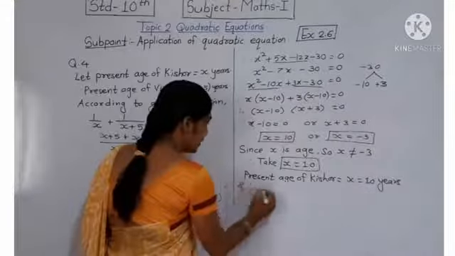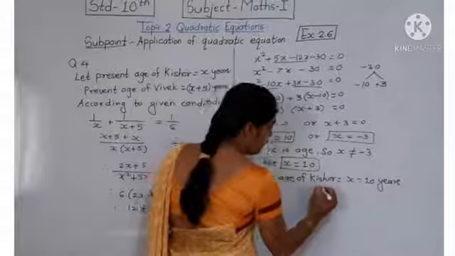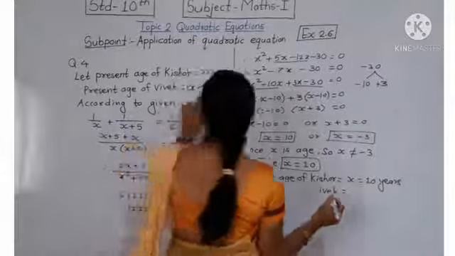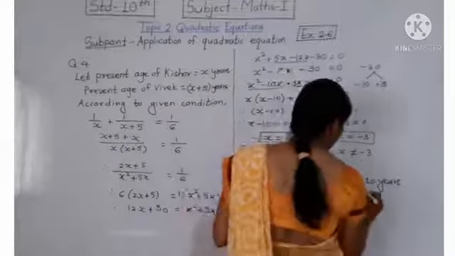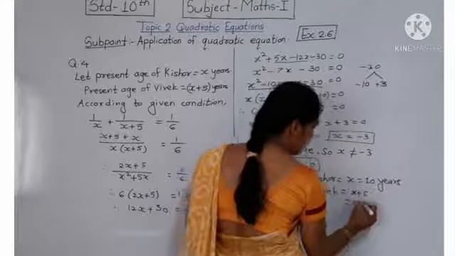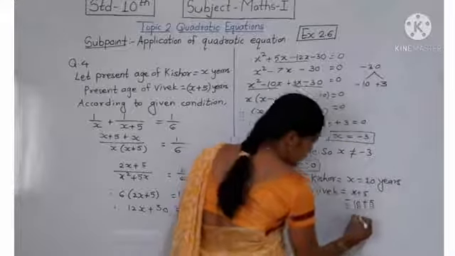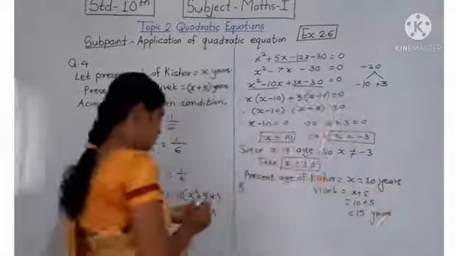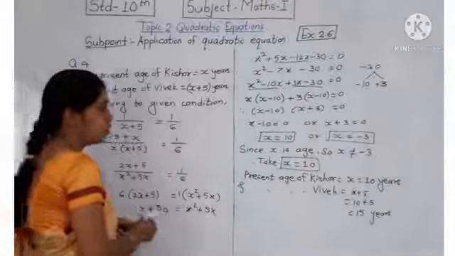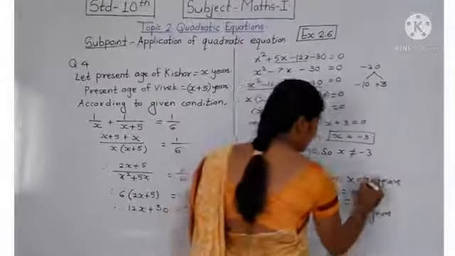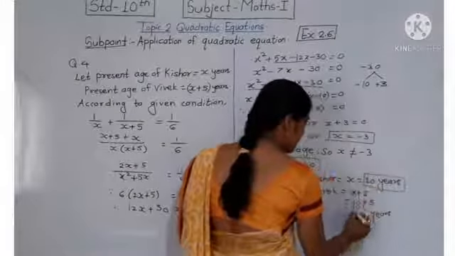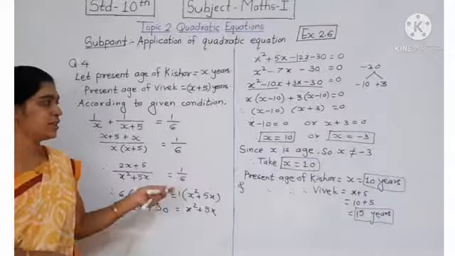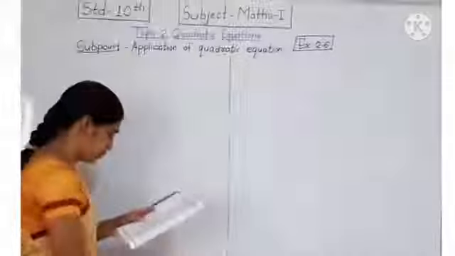And the present age of Vivek is x plus 5, which is equal to 10 plus 5, which is 50 years. So the present age of Kishore is 10 years and the present age of Vivek is 50 years. That is the right answer.